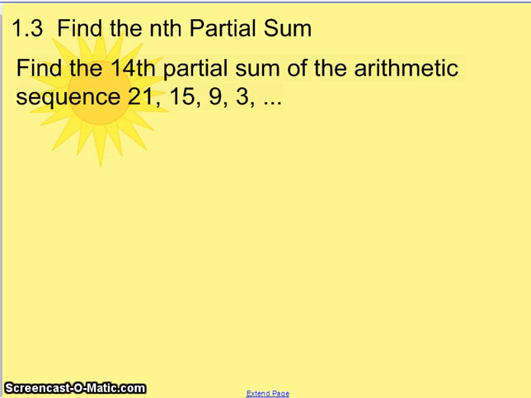I've got 4 of them already, and it appears as though to find each new term we are subtracting 6. So after 21 plus 15 plus 9 plus 3, we subtract 6 to get negative 3.